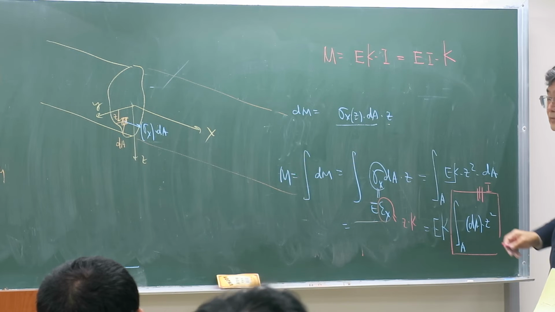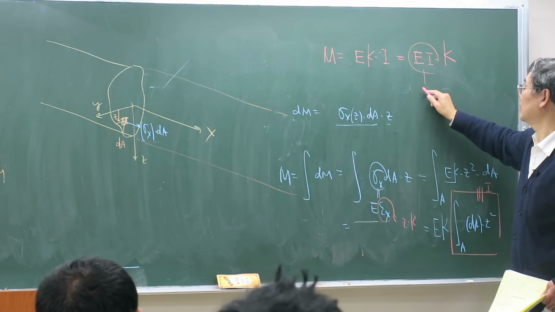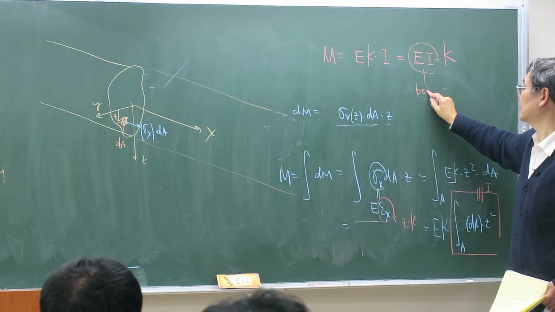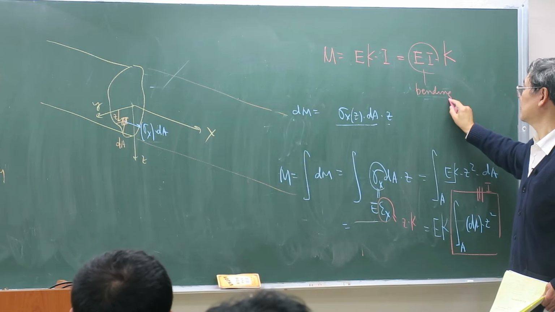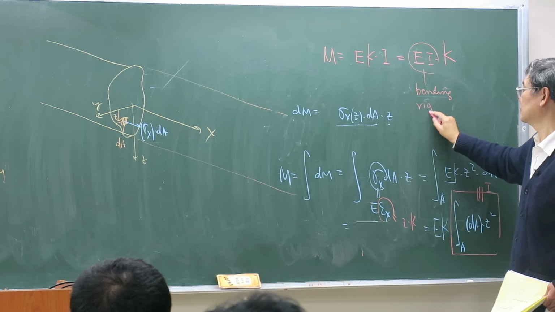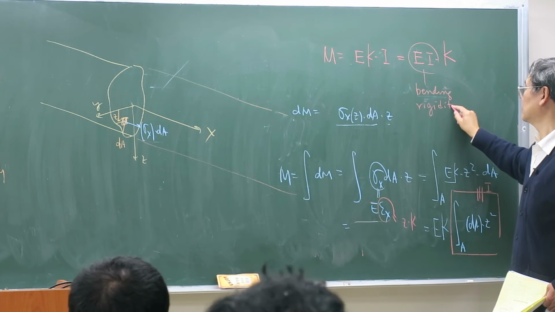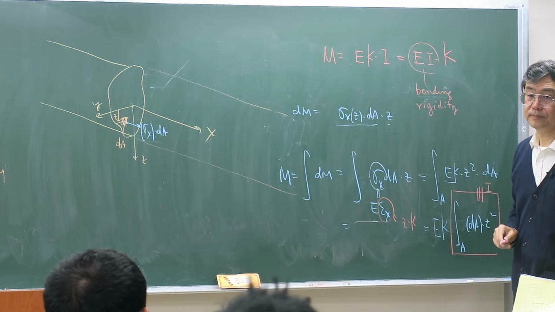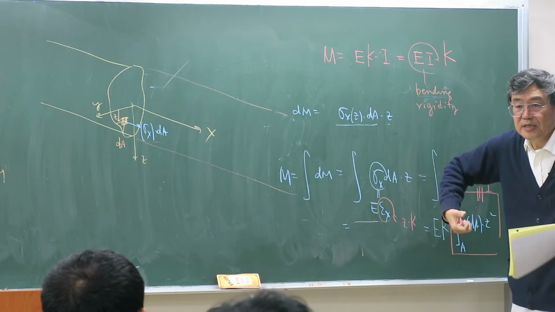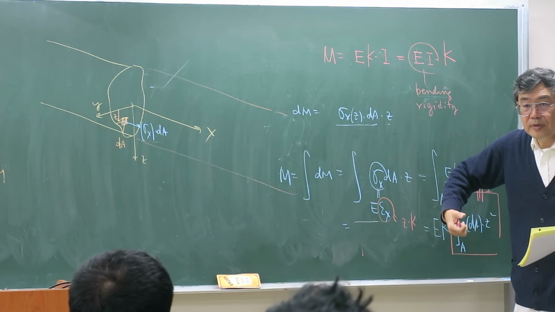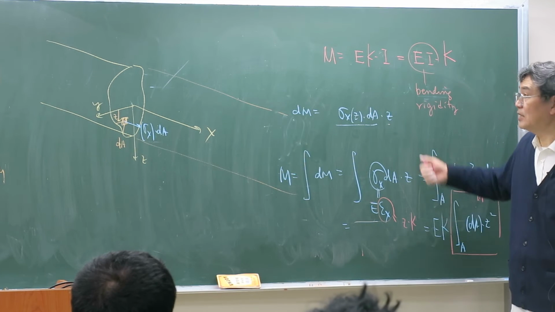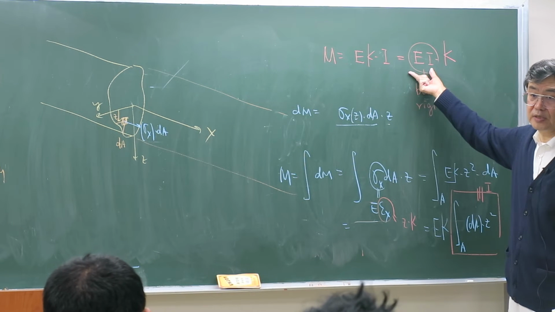And this we call the bending rigidity. How easily this beam can be bent depends on the bending rigidity.